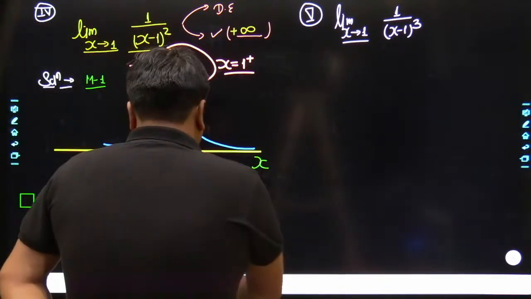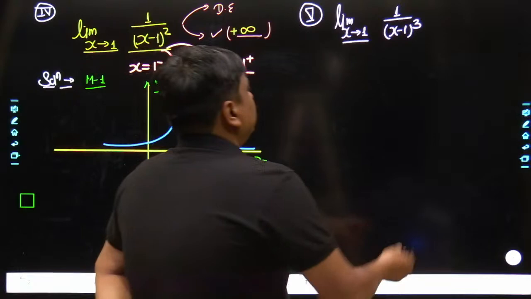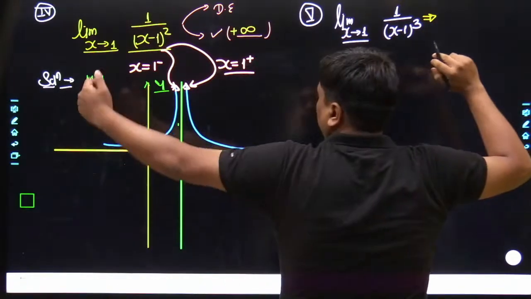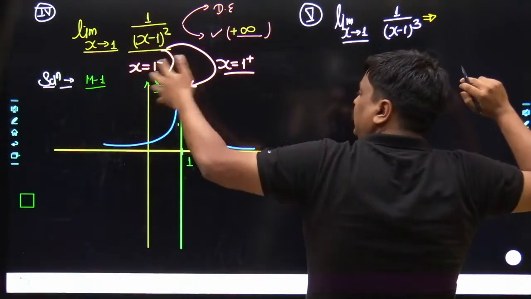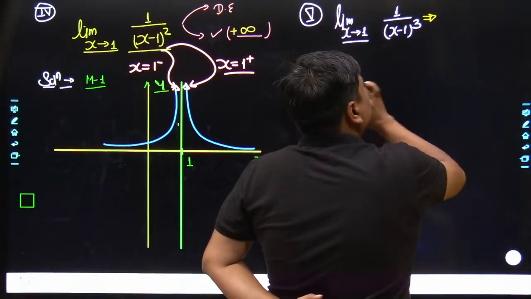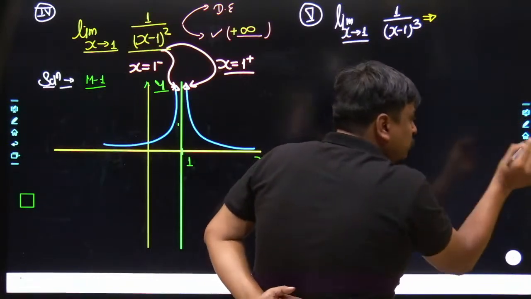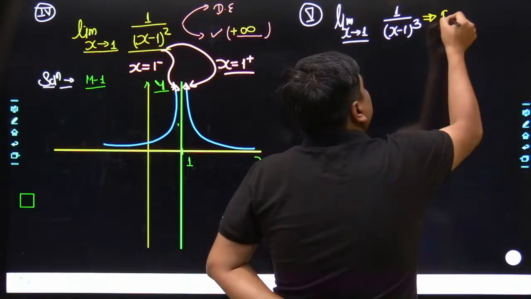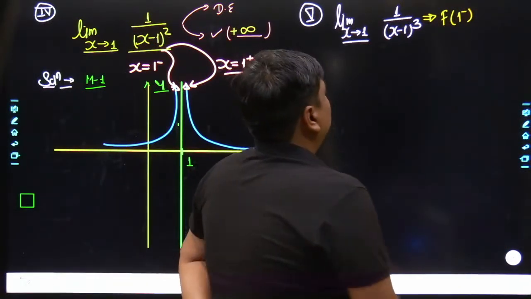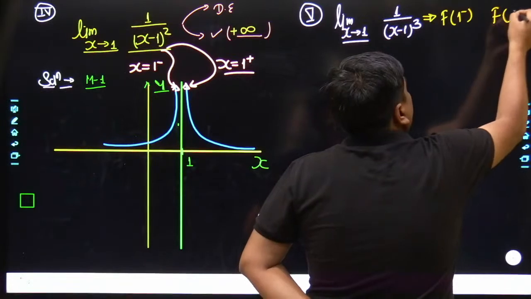Why? As the limit has to be checked around x equals 1, you would follow a path which keeps coming towards 1 from the left hand side and similarly from the right hand side. From the left hand side, the path approaching towards 1 would be treated as f of 1 minus, and here it goes f of 1 plus.